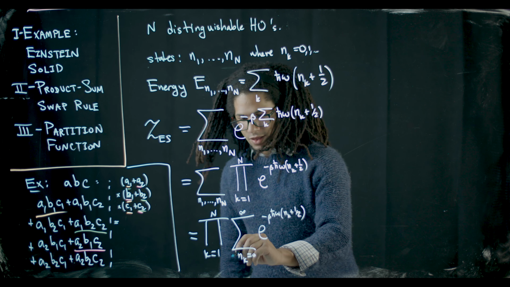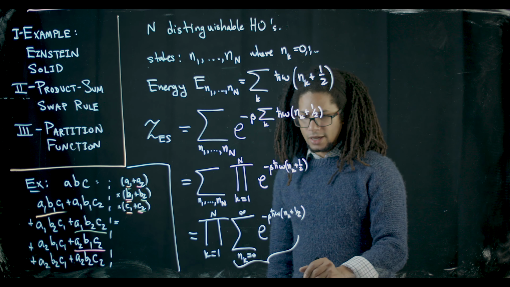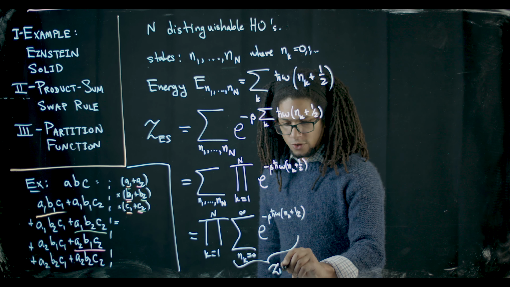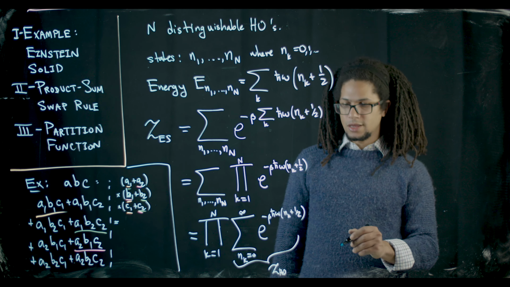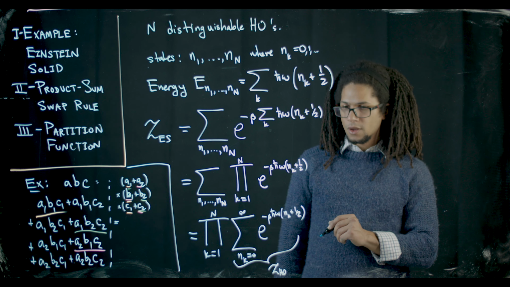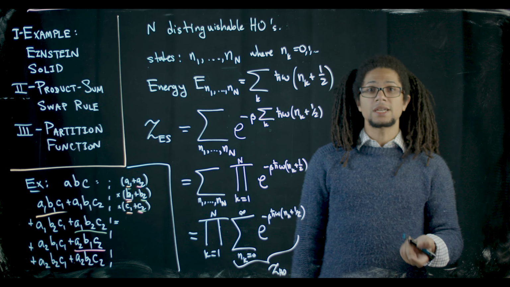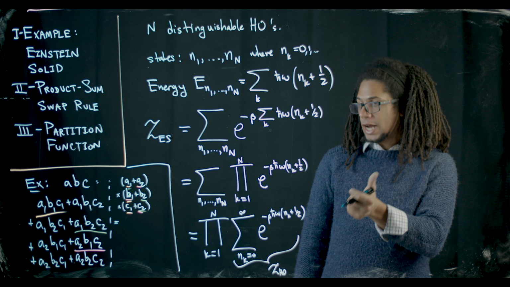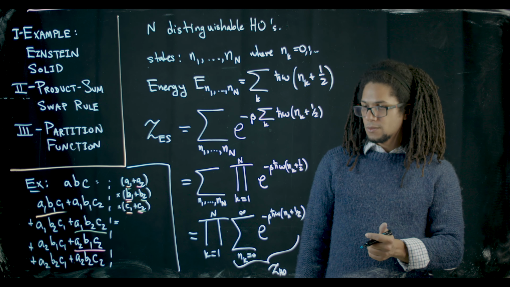But check it out. This is exactly the partition function for the harmonic oscillator that we discussed in the last video. Great. So now we see why these single particle partition functions are actually important in our broader theory.